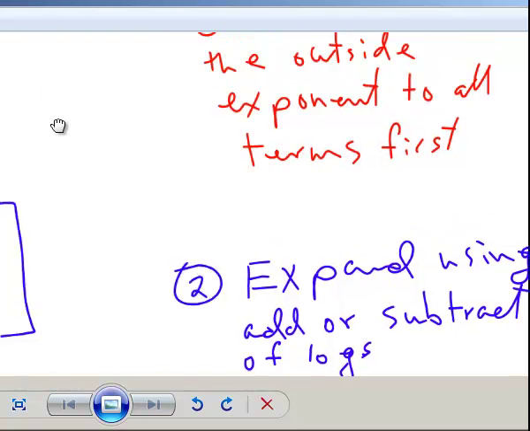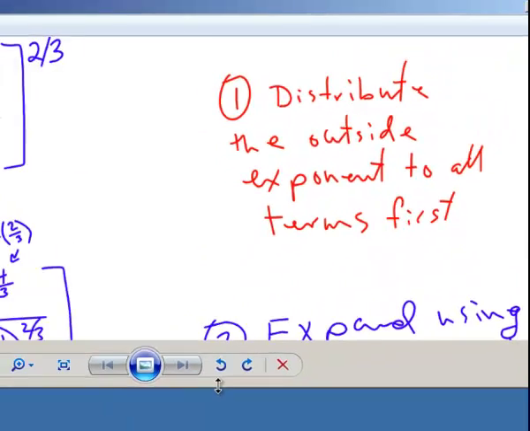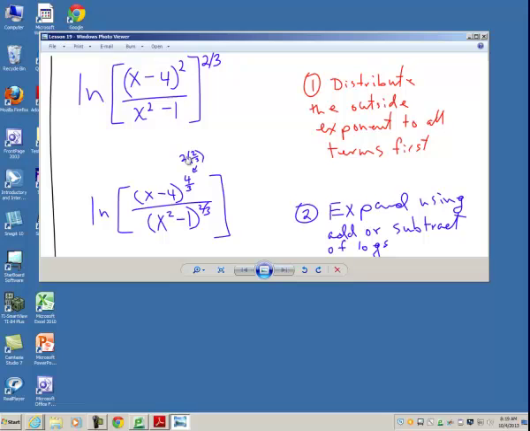And so this makes this 2/3 times 2, and so that makes it 4/3. And then this is x squared minus 1 to the 2/3 power. So you get 2/3 here and 2/3 in the denominator. Okay? Questions with that so far?